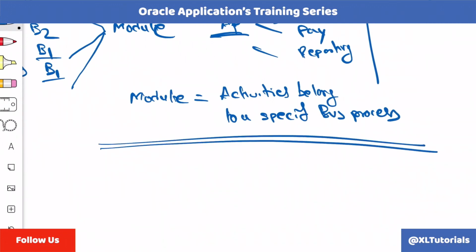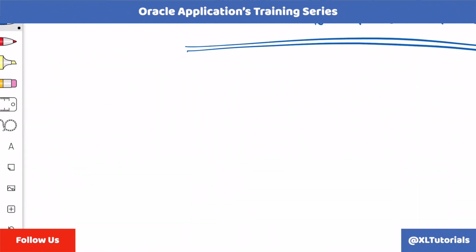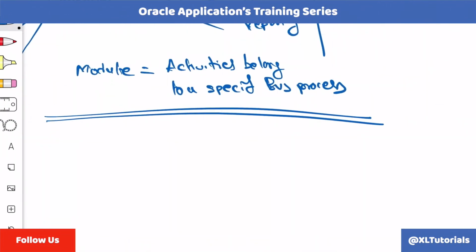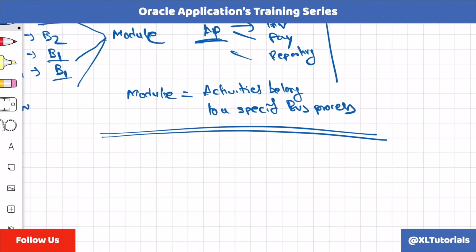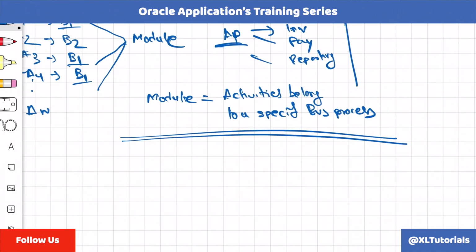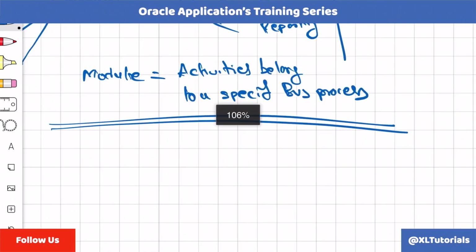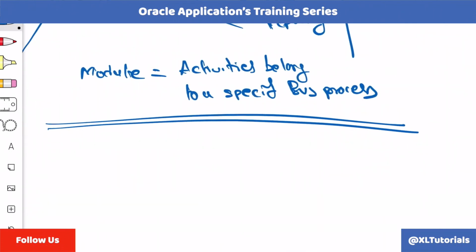Now it's possible that a few activities belong to different business processes and as a result can belong to different modules, but at a very basic level, this is our understanding. At that point we get into more advanced discussions, but for this discussion, let's keep the understanding of a module as a grouping of activities belonging to a specific business process.